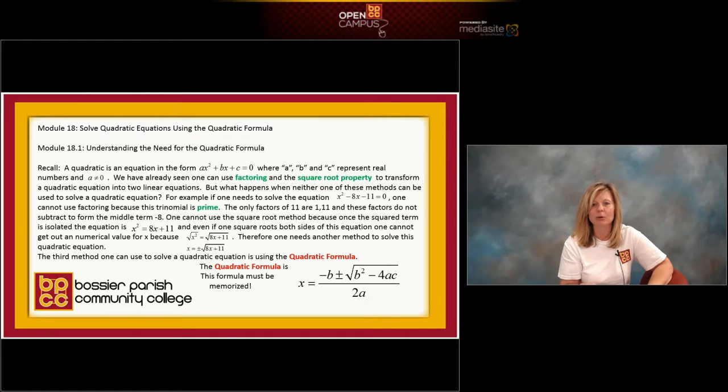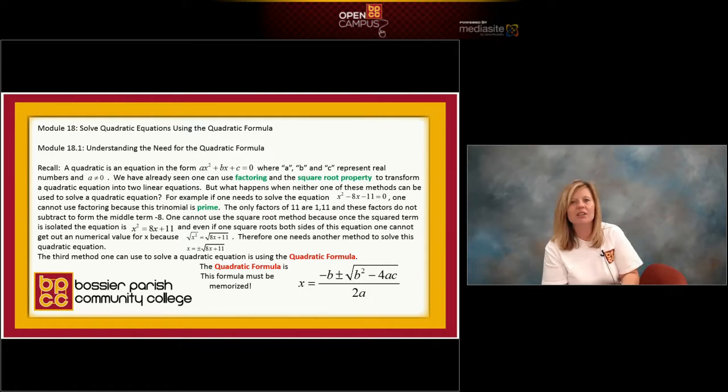It never had a variable. We cannot square root the 8x plus 11 and get a number out of there. So we don't have a solution. Even though we have x equals, we don't have a solution that's a number. So that's showing you with this quadratic equation, factoring doesn't work and square rooting doesn't work. So that's why we need a third method.